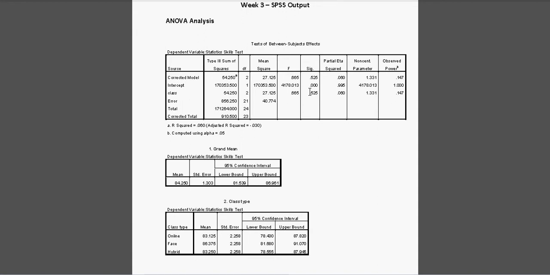Now in ANOVAs, because we're comparing three things, if we have a significant result, we then run something called a post hoc test. The name of a common one is the Tukey honestly significant difference, or Tukey HSD. And that would tell us, is the difference between the online and the face-to-face, between the online and the hybrid, or between the face-to-face and the hybrid?